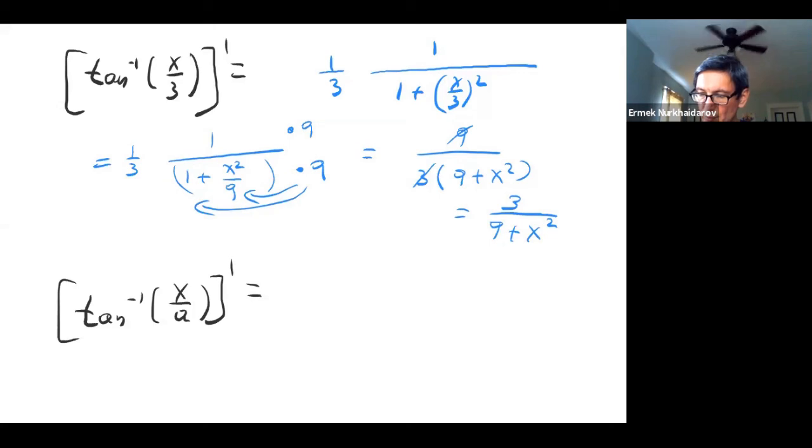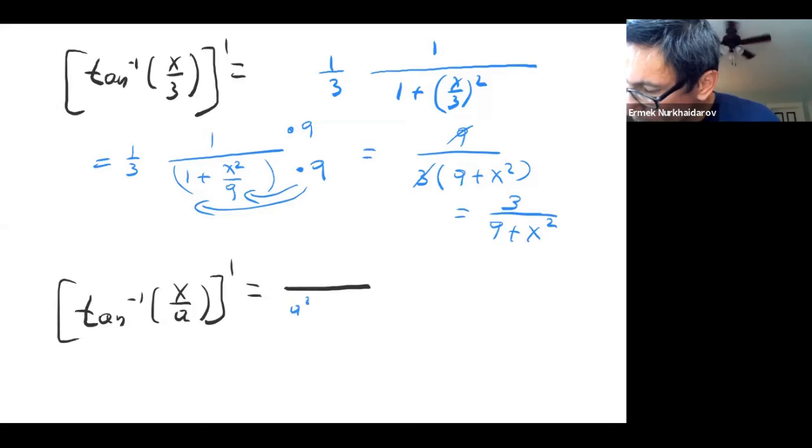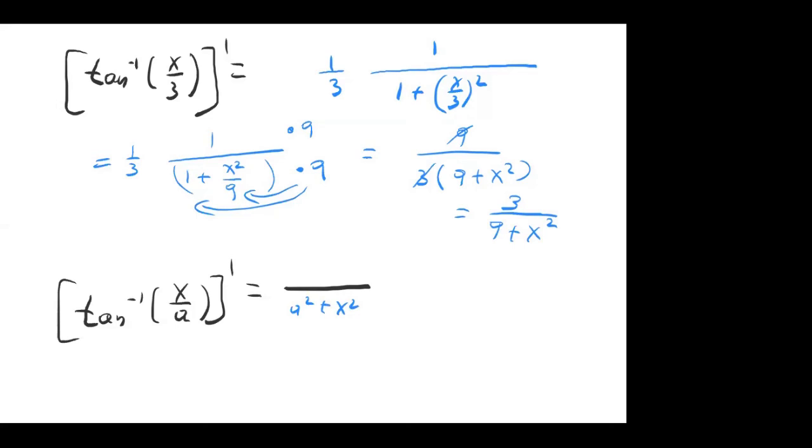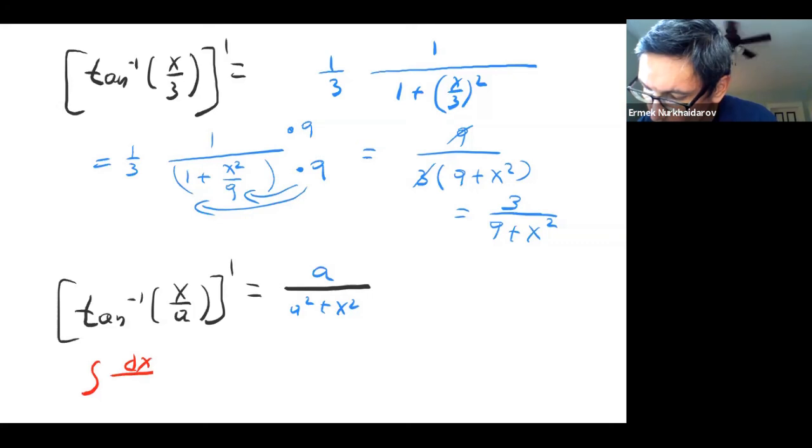So can you guess what we're supposed to have for the second derivative? A over a squared plus x squared. A squared plus x squared, and on top? A. A, perfect. Now, can you guess what the antiderivative of dx over a squared plus x squared will be?